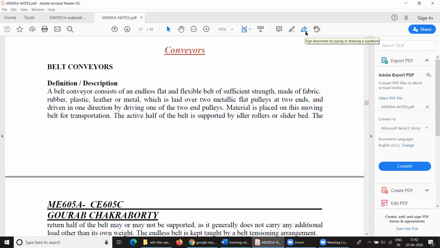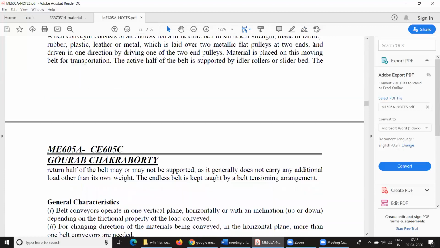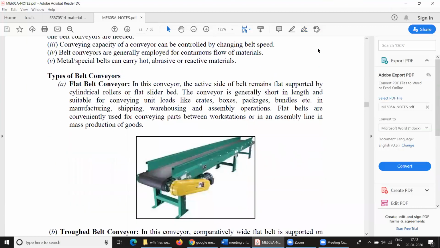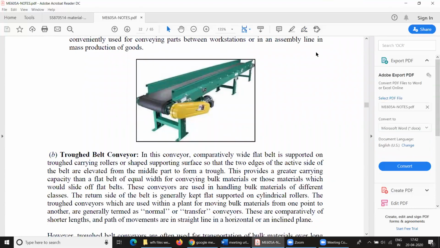Now there are certain kinds of belt conveyors like flat belt conveyor and troughed belt conveyor. Yes, you can see that on your screen.